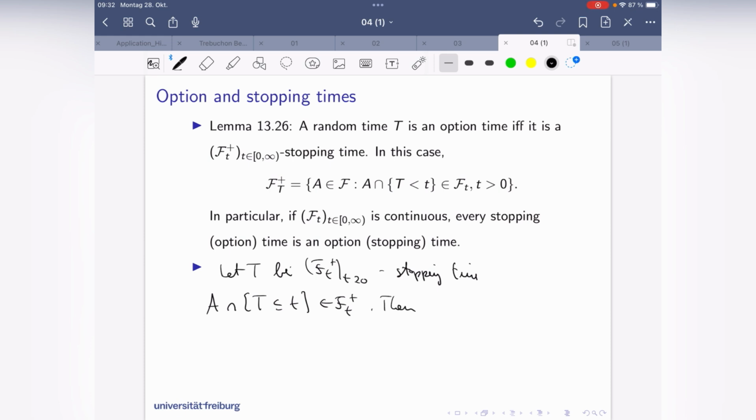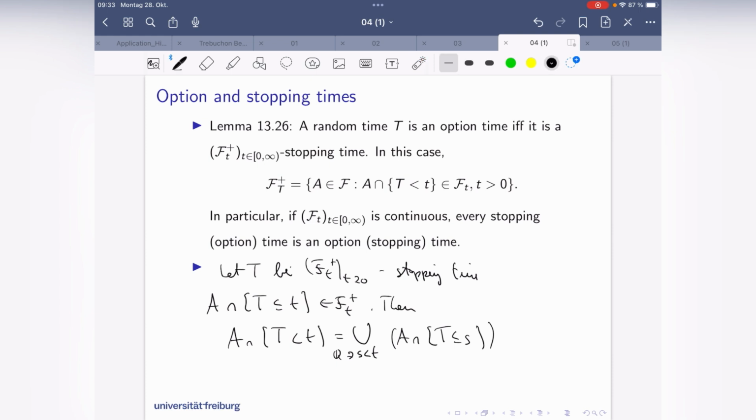Then let's look at the intersection of A with T smaller than t. If big T is smaller than small t, there must be some s smaller than t such that A intersected with T smaller or equal to s holds. And that s here can also be in Q, which makes this a countable union.